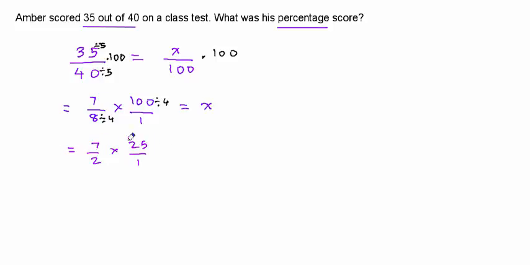So if you multiply 7 with 25, you get 175 on the top, 2 on the bottom, and that simplifies to 87.5. So a score of 35 out of 40 on a test is the same as 87.5%. Meaning, if the total score were to be 100 instead of 40, the student would have scored 87.5.